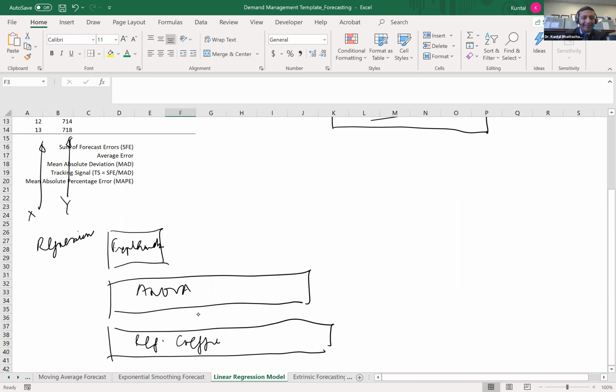Exactly the way we have done with basic regression equation. Explainability, ANOVA, and regression coefficients.